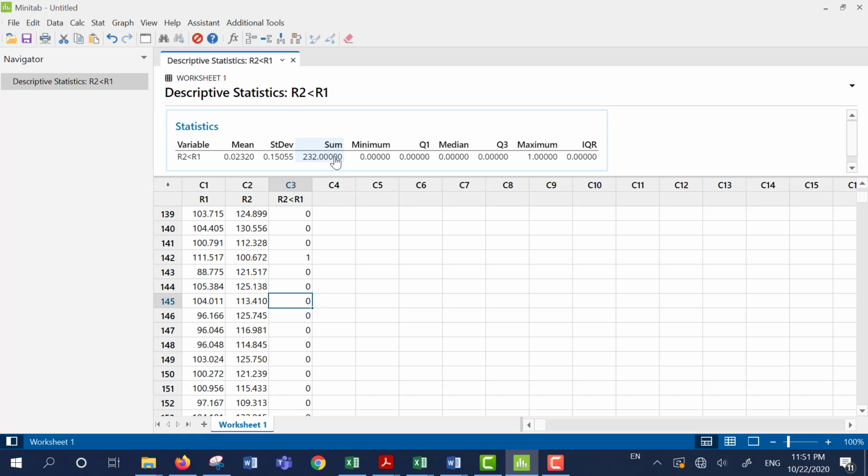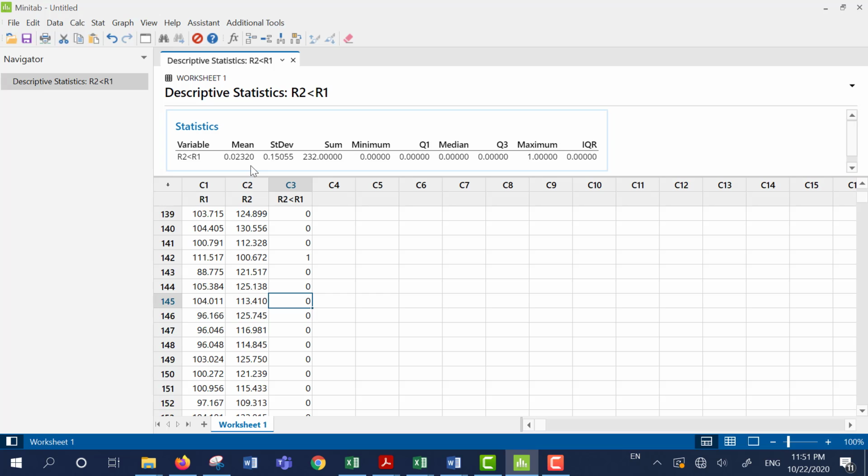Look at this. The sum is 232, and divided by 10,000, that's the mean, just the average. So the probability is 0.0232. That's the long run relative frequency. The long run is 10,000 times. Out of 10,000 times, 232 times R2 is less than R1. So this is our estimation.